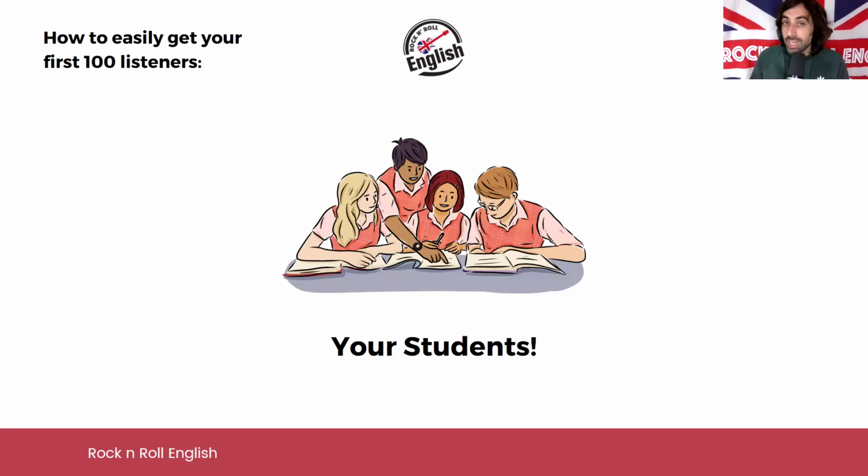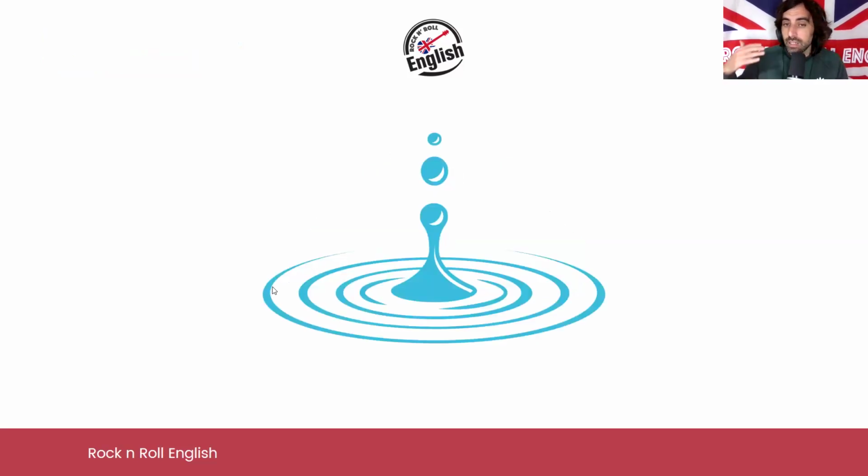So then I already started with about 50 downloads, and I thought that was amazing. And then I was getting into the hundreds because of this. It's kind of a ripple effect.